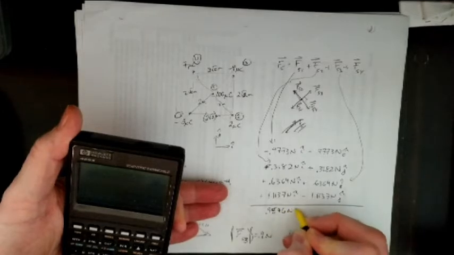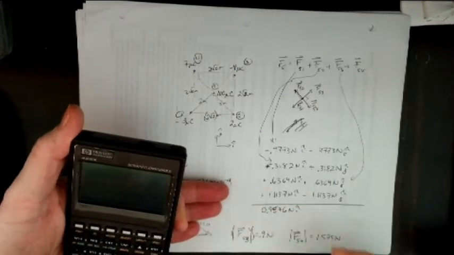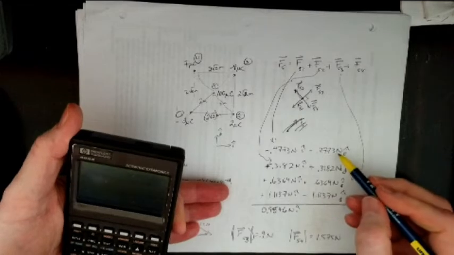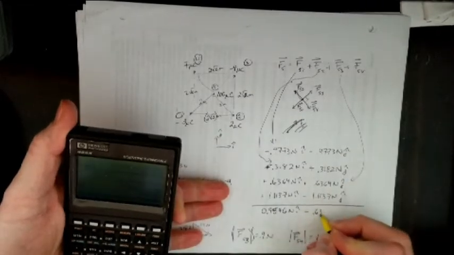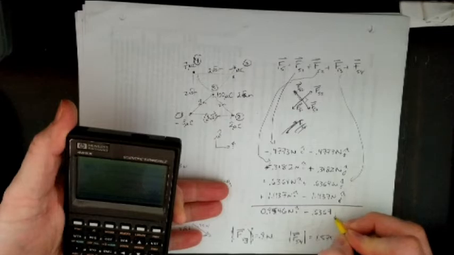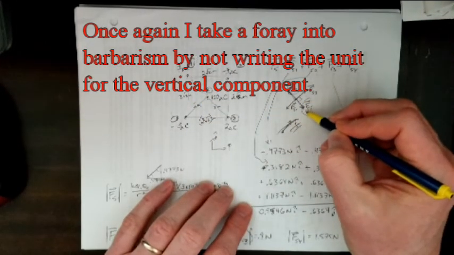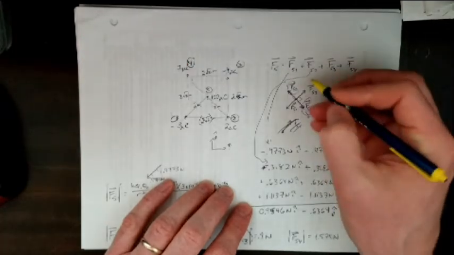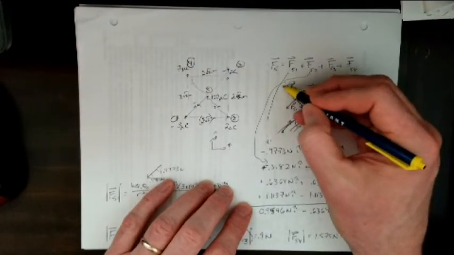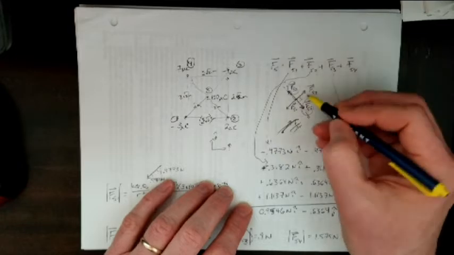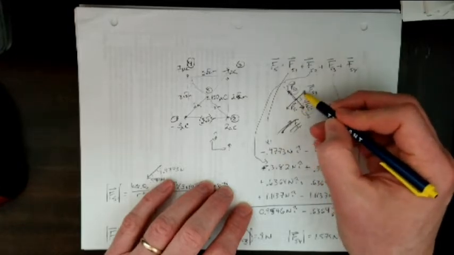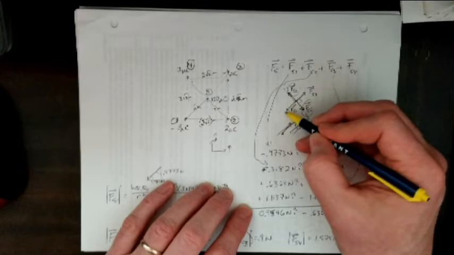0.9546 newtons I hat. And then over here, minus 0.6364 J hat. Looking at this, I know it's going to be pushed more in this direction to the lower right than it was being pushed to the upper left. It is going to be pulled more to the upper right than to the lower left.